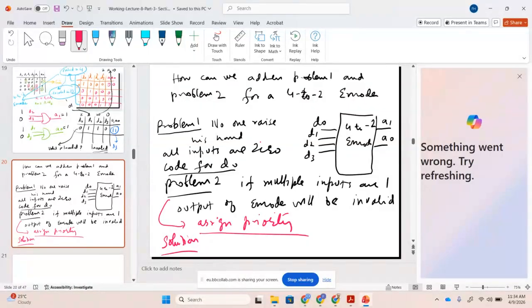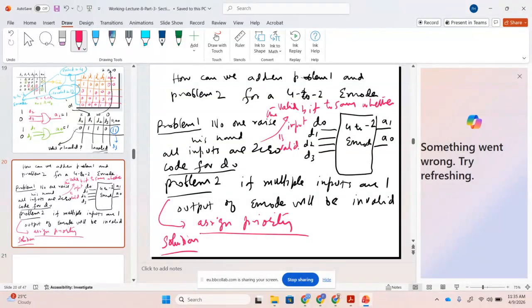Maybe it has something to do with the enable. Yes, I think you're very close. So we can introduce another output. We call this a valid output. So we include a valid bit at the output, and the valid bit says whether the input is valid or invalid.